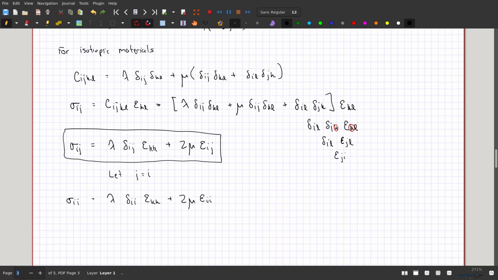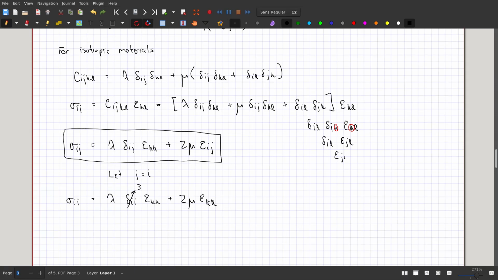So if I write KK here, right? This thing is the trace of the identity matrix, right? What is that equal to? 3. Right? So delta II is just 3.